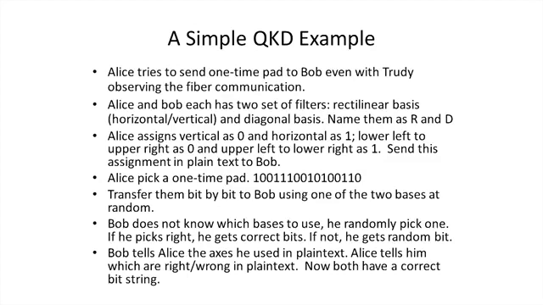Let Alice assign vertical as 0, horizontal as 1, lower left to upper right polarization as 0, and upper left to lower right as 1.